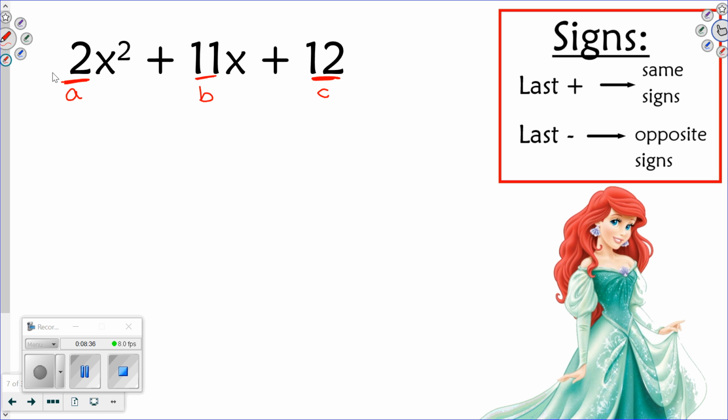So how do you multiply to get a 2? 1 times 2. How do you multiply to get a 12? And then 1 and 12. Now, what I'm going to suggest is that you make an ordered list, because some numbers like 36 have a lot of factors.